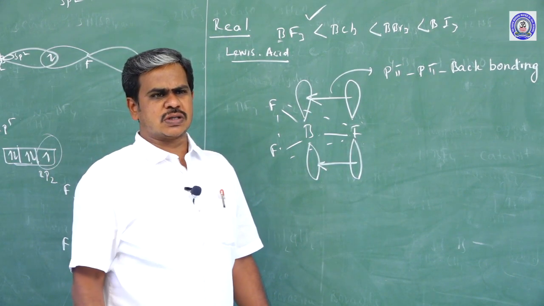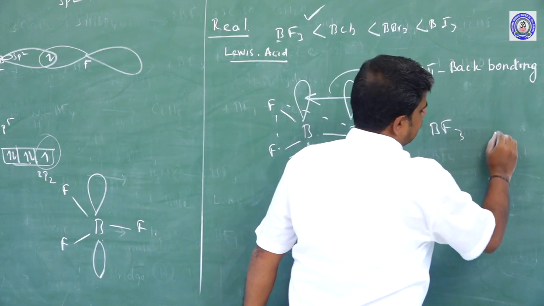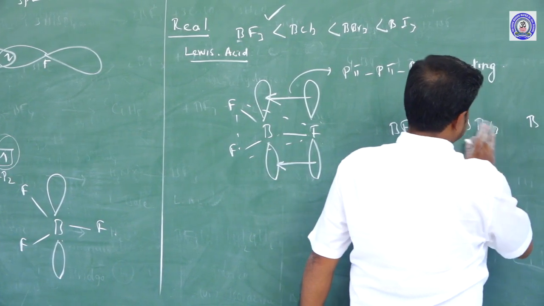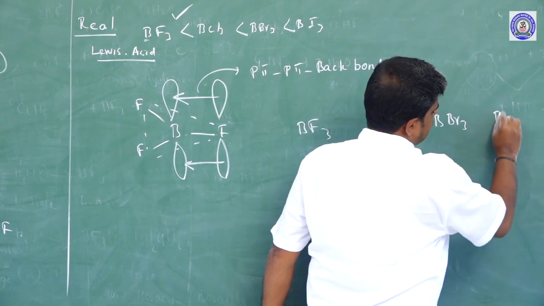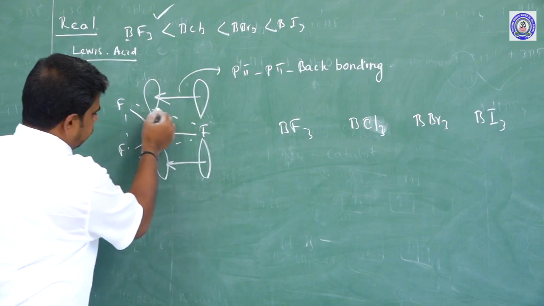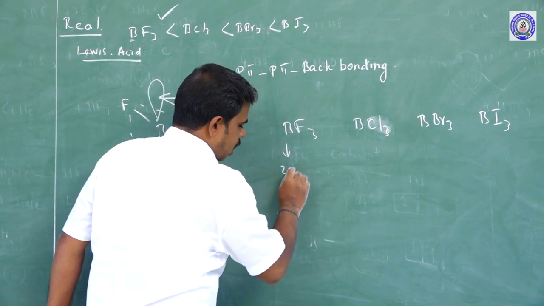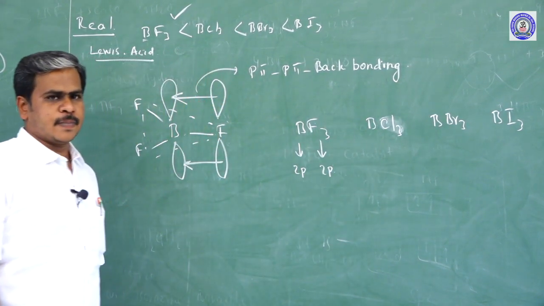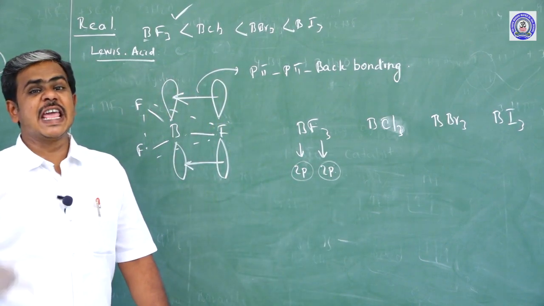How is it reduced? Consider BF3, BCl3, BBr3 and BI3. The back bonding overlap is between the 2p orbital of boron and the 2p orbital of fluorine, which are of equivalent shape.